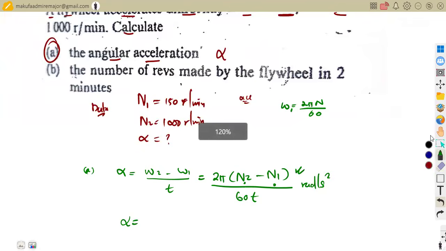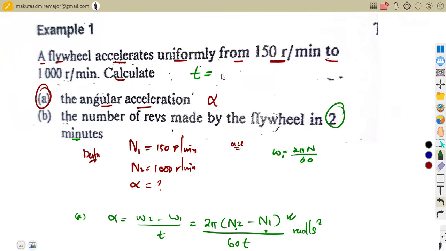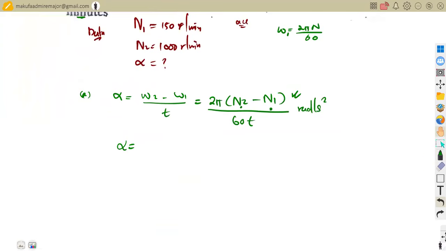All right, we are supposed to have a time here. The time frame is 2 minutes. Remember, to get time in seconds, you multiply by 60, which is 120 seconds. So we just substitute everything that we are given.